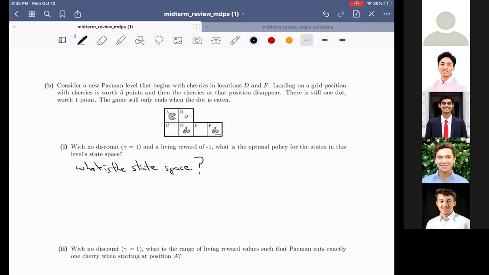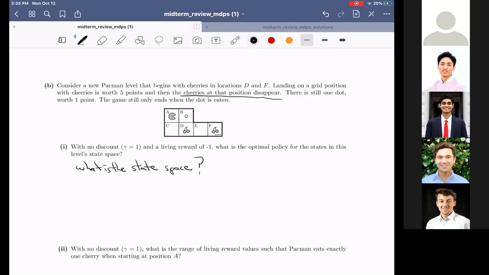In particular, look at the fact that the cherries disappear after you eat them. Yeah, so Mark says the position of the Pac-Man, as well as whether D was eaten and whether F was eaten.